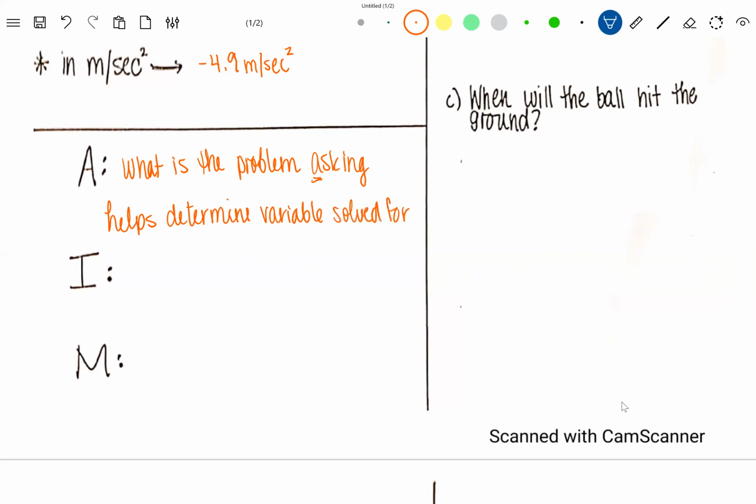The I is important info. That helps you decide what to substitute.